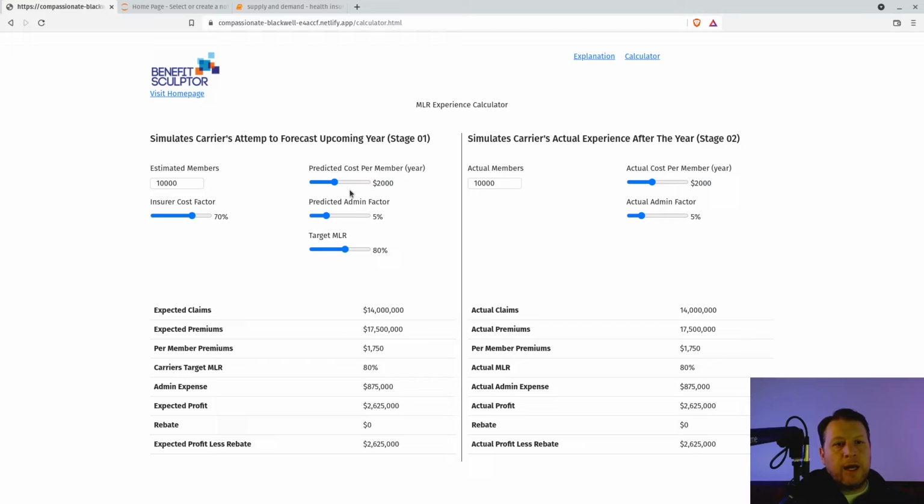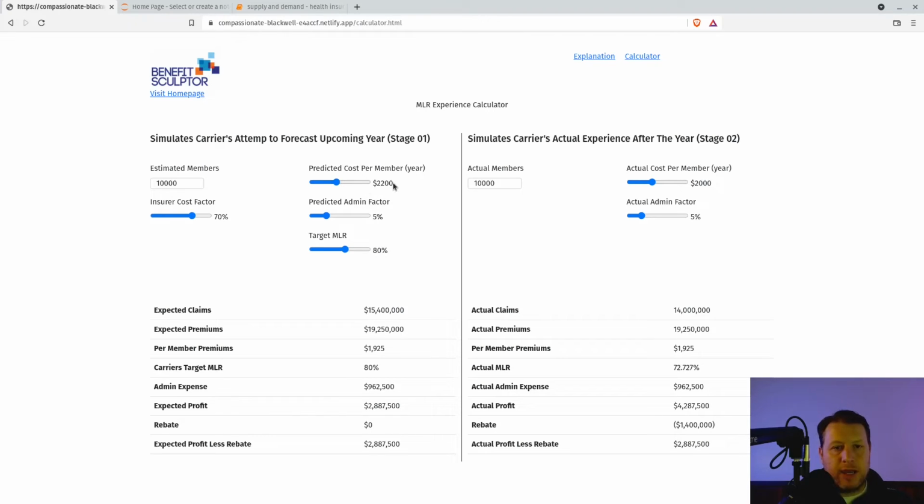So here's what I want to show. Let's say that this is the base scenario, and this is a true estimation of the way things are going to work out based upon market prices for healthcare services. And an insurance company goes to its providers and says, you know what, we want to manipulate premiums so that we can get more money, and we want to increase the amount we pay you, our providers, by 10%.